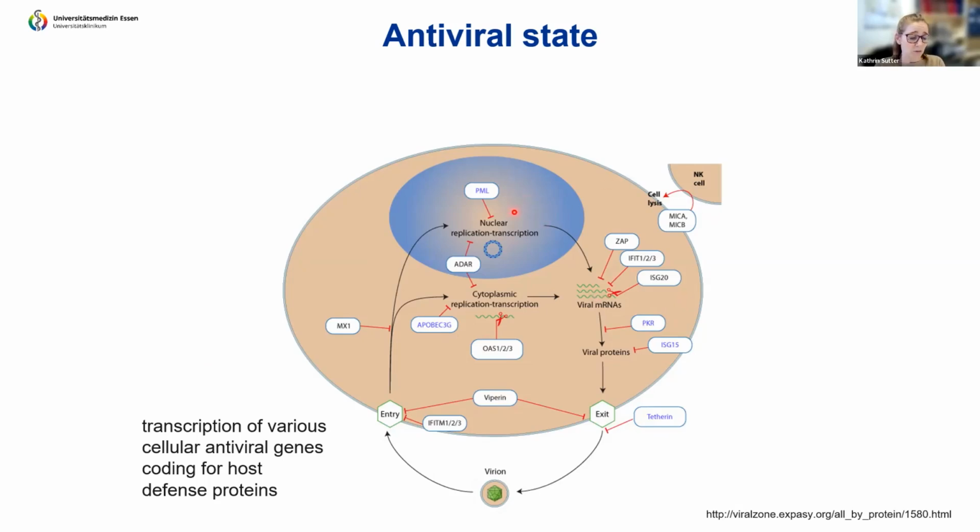But the good thing is also that the cells around the infected cells can also see the interferon and they start to upregulate all these proteins, meaning that they are somehow in an alarm state for an incoming virus. So they are, let's say, better prepared when a virus comes in and can directly inhibit viral replication. So this is called the antiviral state.